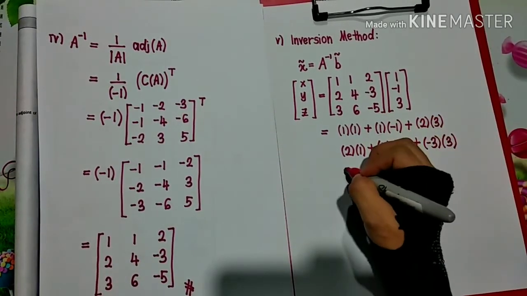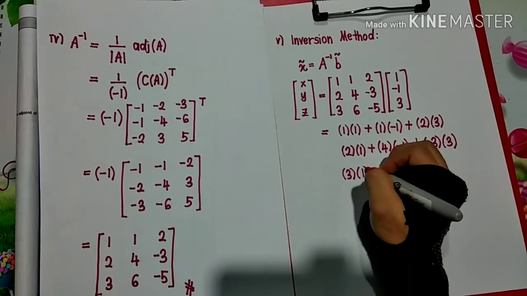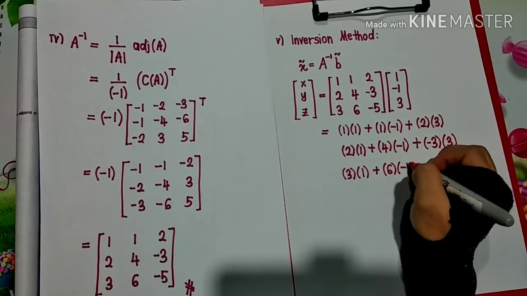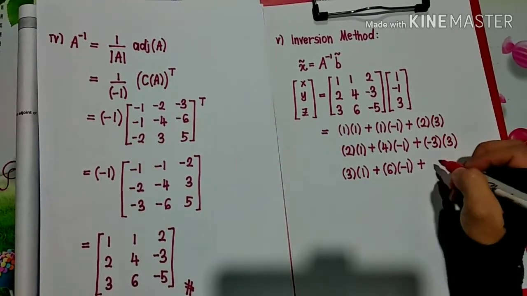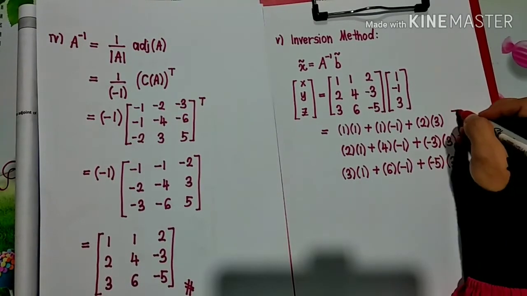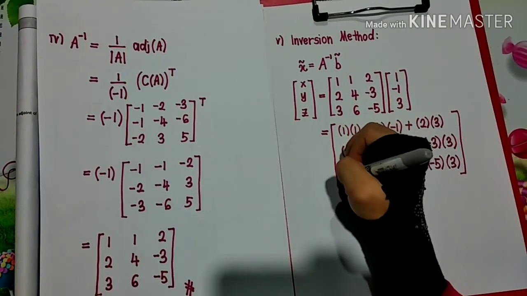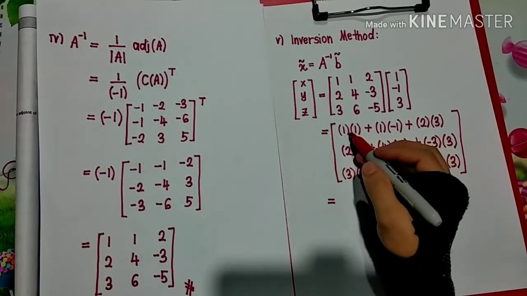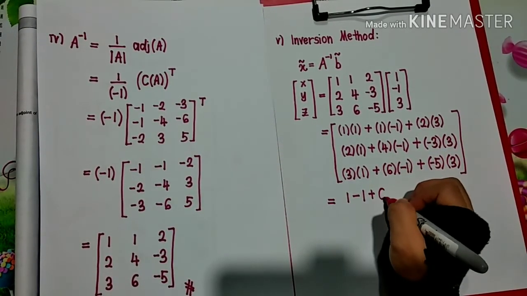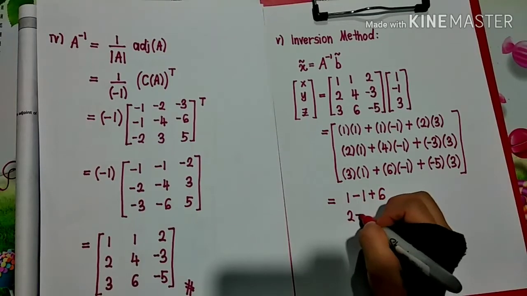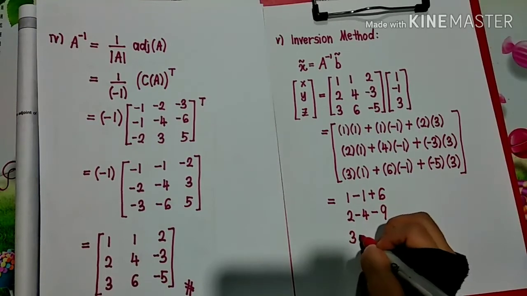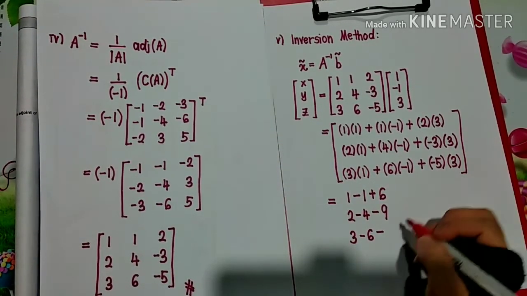So 3 multiply with 1 plus 6 multiply with negative 1 plus negative 5 multiply with 3. Okay, so we solve this one. So 1 minus 1 plus 6. This one, 2 minus 4 minus 9, 3 minus 6 minus 15.